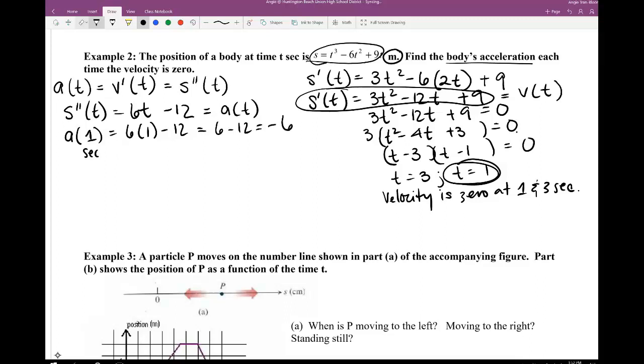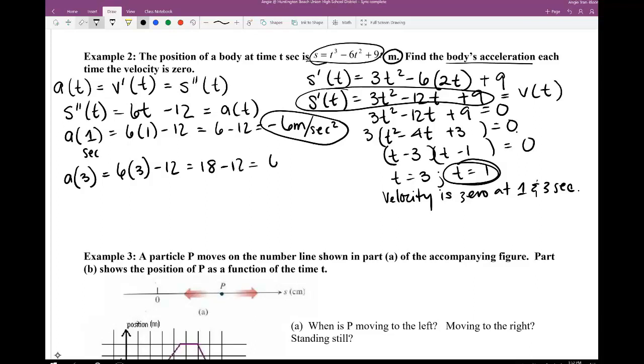Because this is acceleration, we have to write the correct unit of measurement, meters per second squared. Then you can do the second time, which is at 3 seconds, so plug it in. 6 times 3 minus 12 equals 18 minus 12, so that's positive 6 meters per second squared.